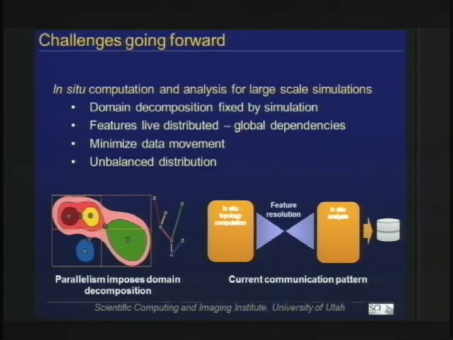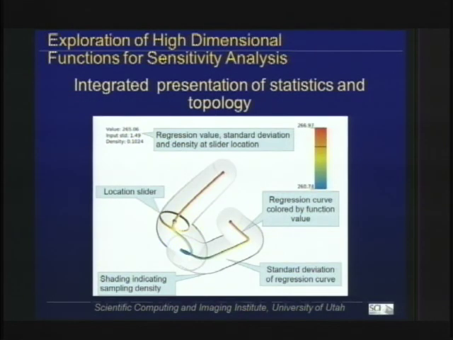Okay, I'm just going to skip through this. Basically, our problem is that we have these large supercomputers and our feature representations that we want to ask questions about live distributed on these computers. So you have the problem of having sparse features in some nodes, very dense in others.